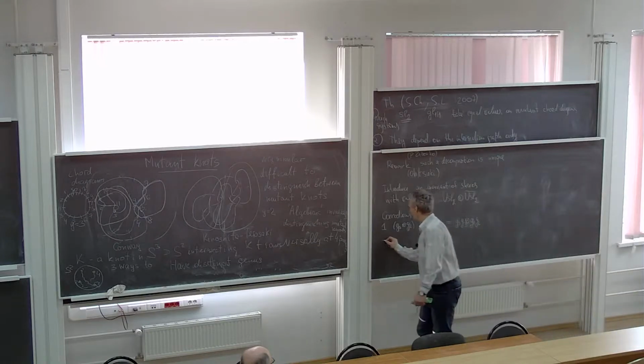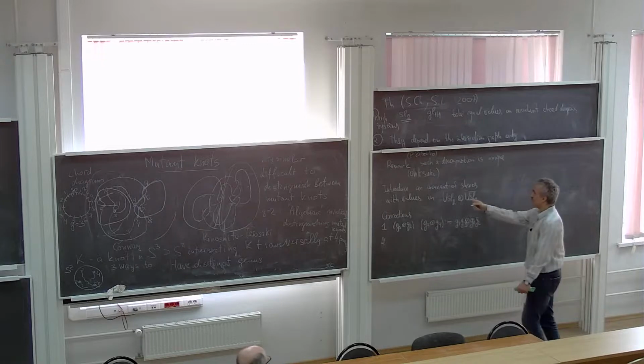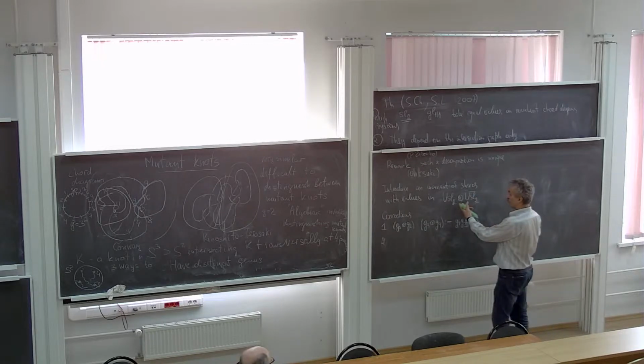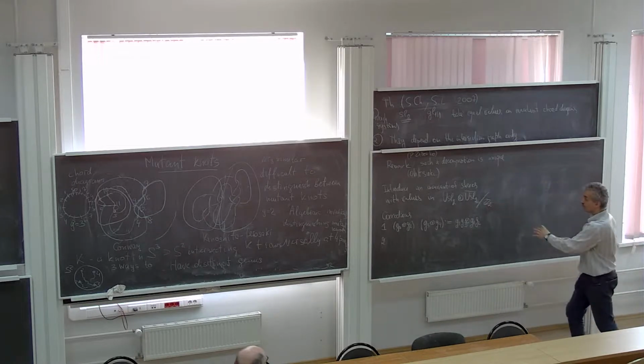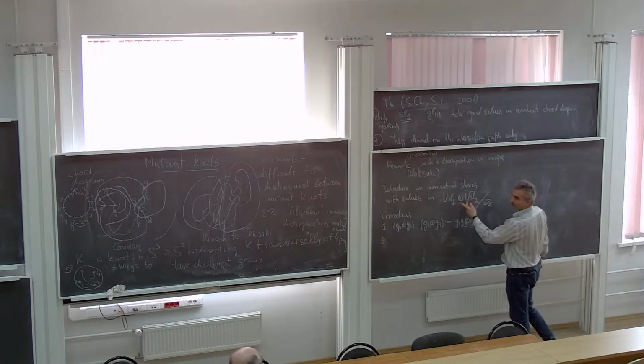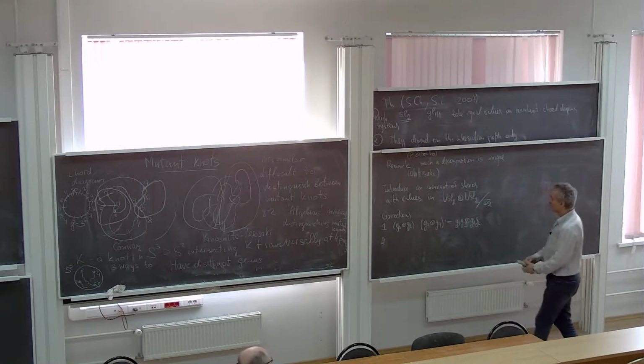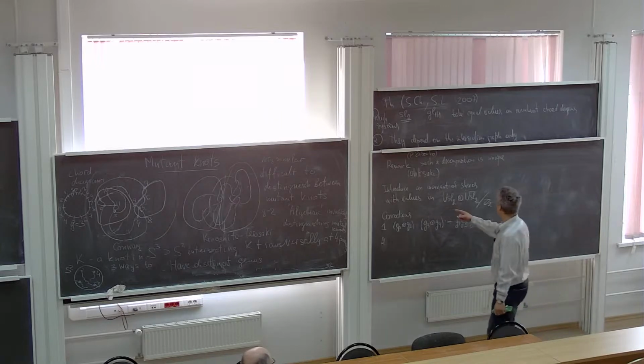And the second statement is that we take not this one, but instead of taking the tensor product, we take the symmetric product. So we take the quotient by the symmetry, by the involution exchanging the components.